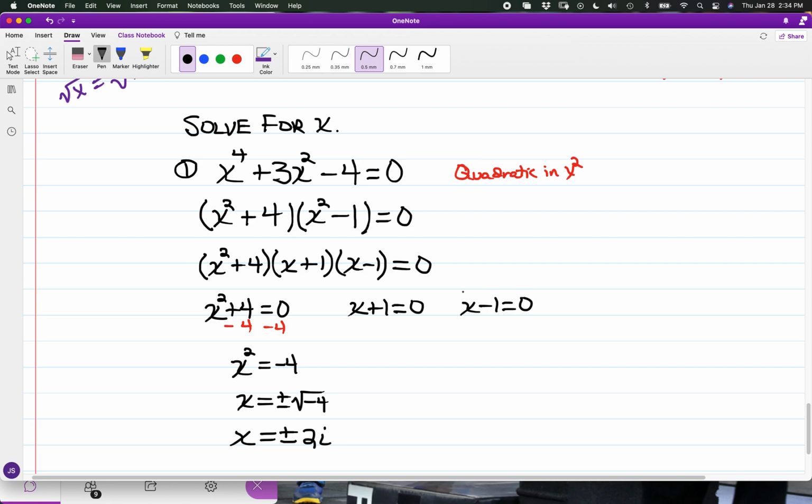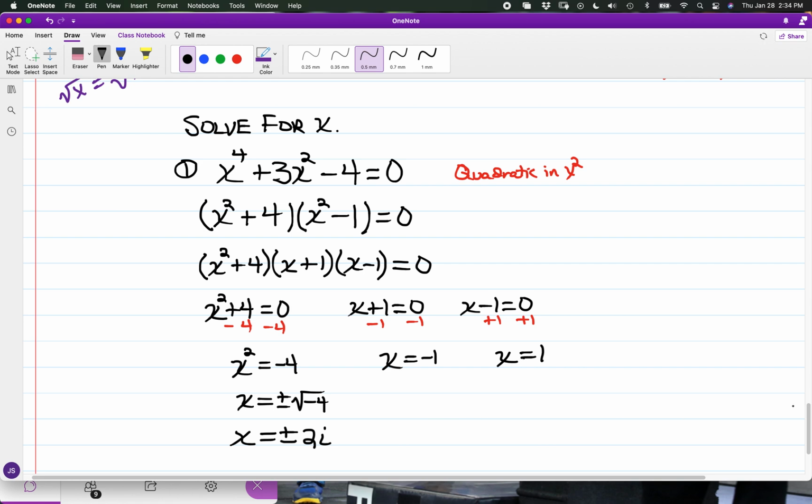If I set x plus 1 equal to 0, I have x equal to -1, and for x minus 1 equal to 0, I have x equal to 1.